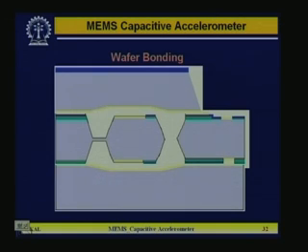Now, the assembly is another very important point in this capacitive accelerometer fabrication, where both the C1 and C2, top and bottom capacitance contacts, should be proper.